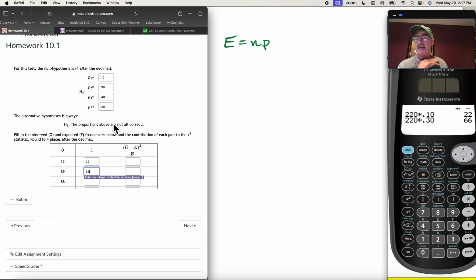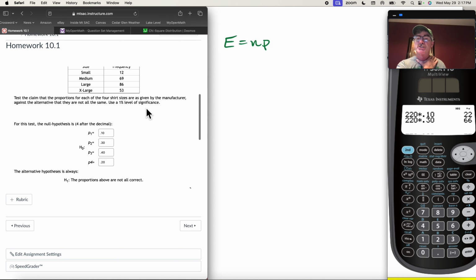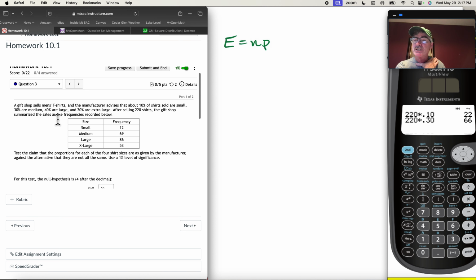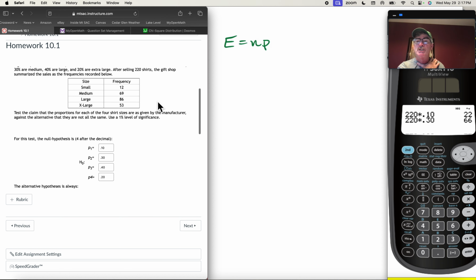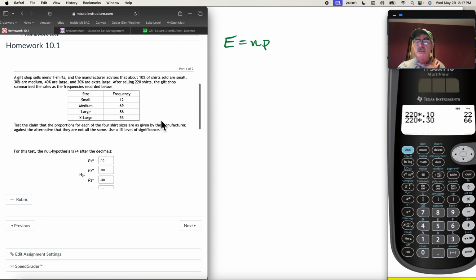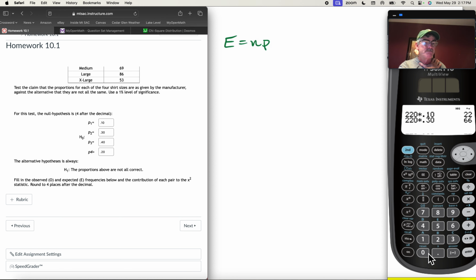Now for the large shirts, the claim is, again, 40% should be large. That's the third proportion, our third p value. E is n times p, so we'll do n, which is 220, times 40%.